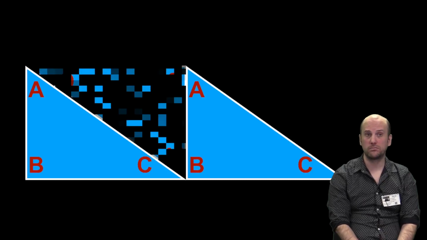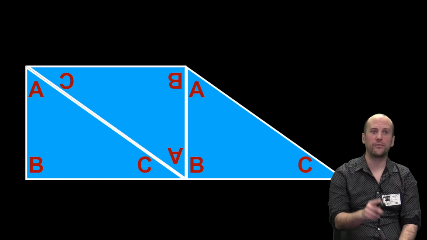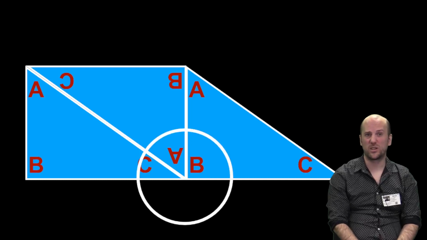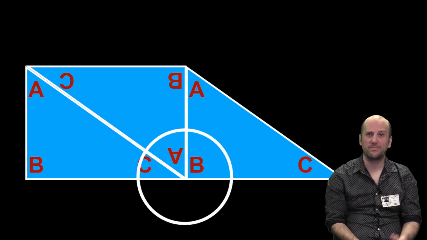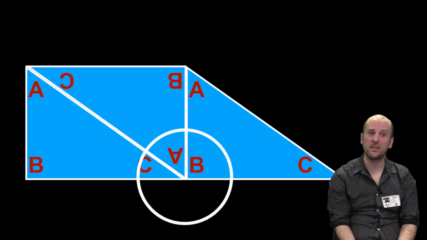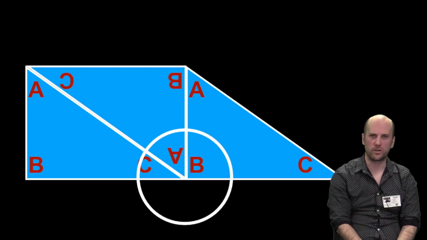Make a third one, turn it upside down between the others, and now you have those angles, A, B, and C, all together, and they make up half a circle. So we talk about doing a 360 in life, going around once, 360 degrees in a circle, half a circle, 180. So you've not even done any numbers or equations here, you've just made copies of triangles. It's very easy to show that it has 180 degrees.